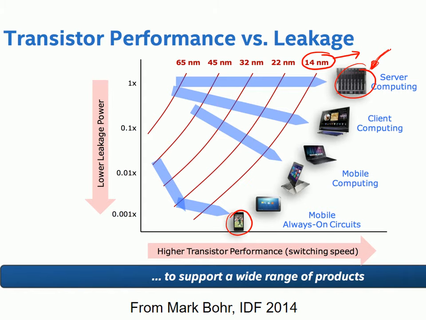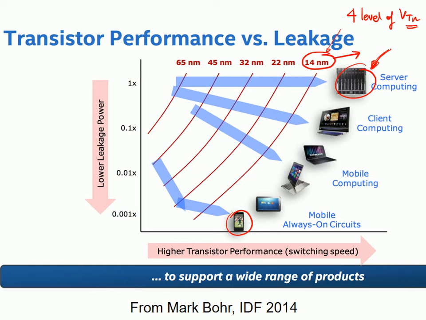And for this reason, another important aspect of novelty of the new technologies is that you have transistors with several different threshold voltages. For example, in the 14 nanometer process, you have 4 levels of VTN.